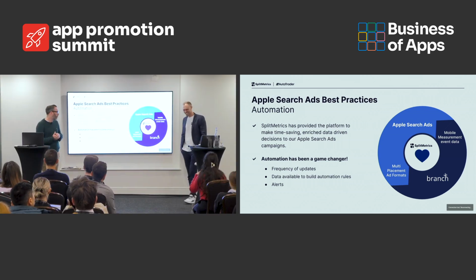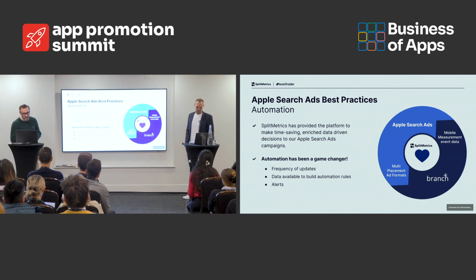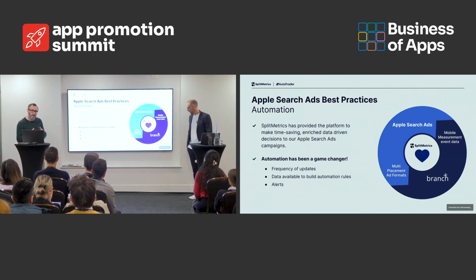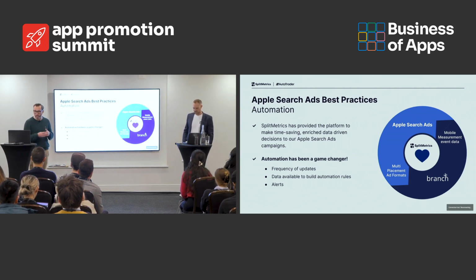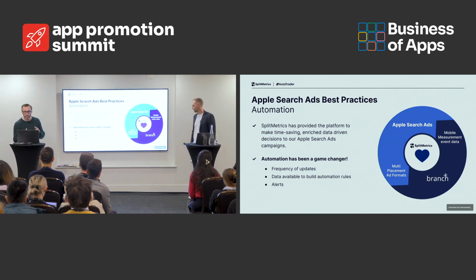But one of the biggest drivers for us in using SplitMetrics was the ability to enrich the Apple Search Ads data set. From our side, we work with Branch as our MMP. And yes, manually you can join the two together, but I'm one person and the whole process is very laborious and time consuming.